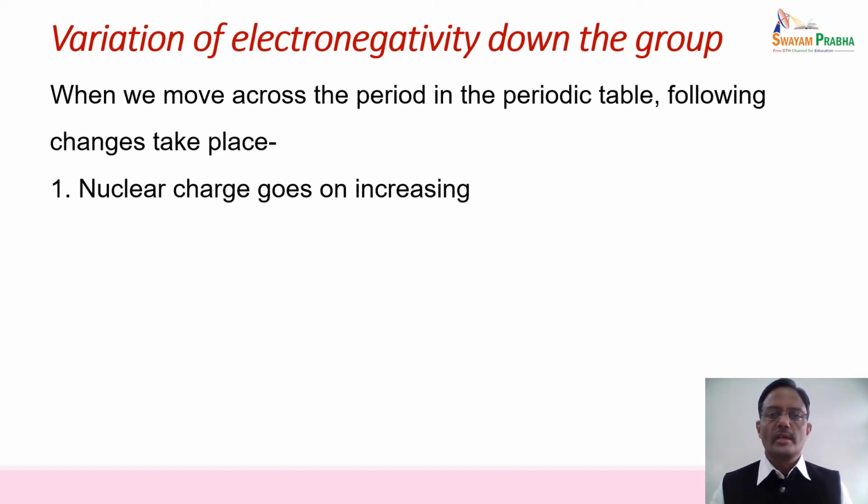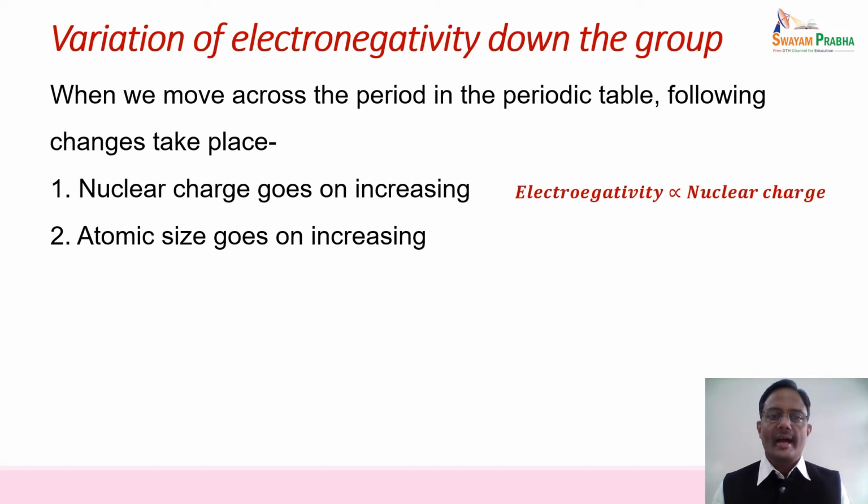Whether we are moving from left to right in a period or down the group, from first period to second period, third period to fourth period and so on, in both the cases the nuclear charge always goes on increasing due to the increase in atomic number. Hence it is expected that electronegativity should go on increasing. But the atomic size also goes on increasing when we move down the group. And we know that atomic size has an inverse effect on electronegativity.